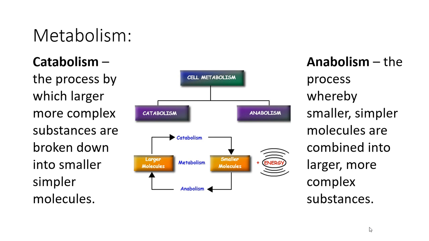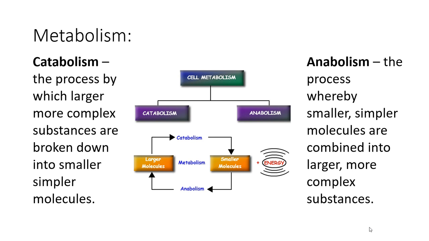With catabolism, it's the process, again, by which we break larger particles down into simpler molecules. An example of this process is when we eat. The food is broken down so that the body can use the parts to assemble the structures that we need in order to maintain life and produce energy that our body needs. Again, catabolism is referred to as a destructive metabolic process.